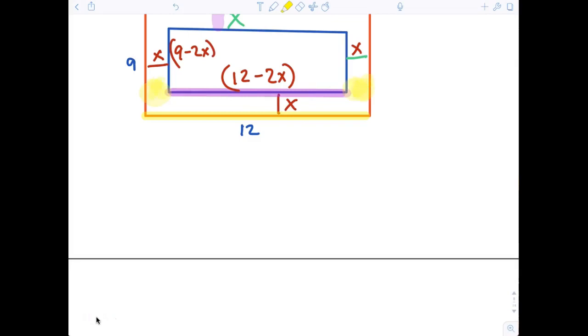So it's 12 minus 2x. This is x, and this is x. The whole length is 12. So I'm cutting that off, and I'm cutting this length off. So it'd be 12 minus whatever I cut off. Everybody good with that?